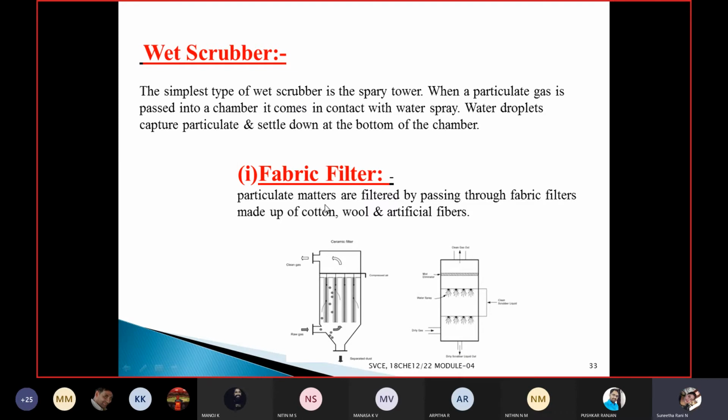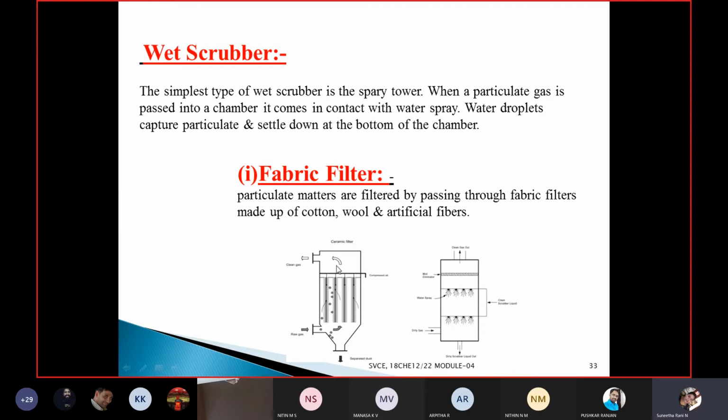Fabric filter: particulate matter is filtered by passing through fabric. Fabric is a cloth piece which acts as a filter. In this chamber you can see fabric cloth pieces fixed here as layers.